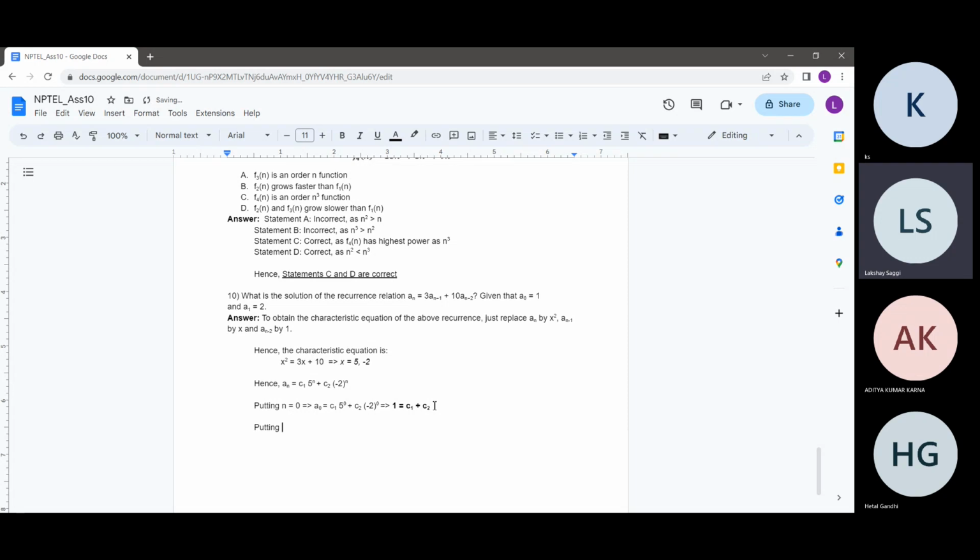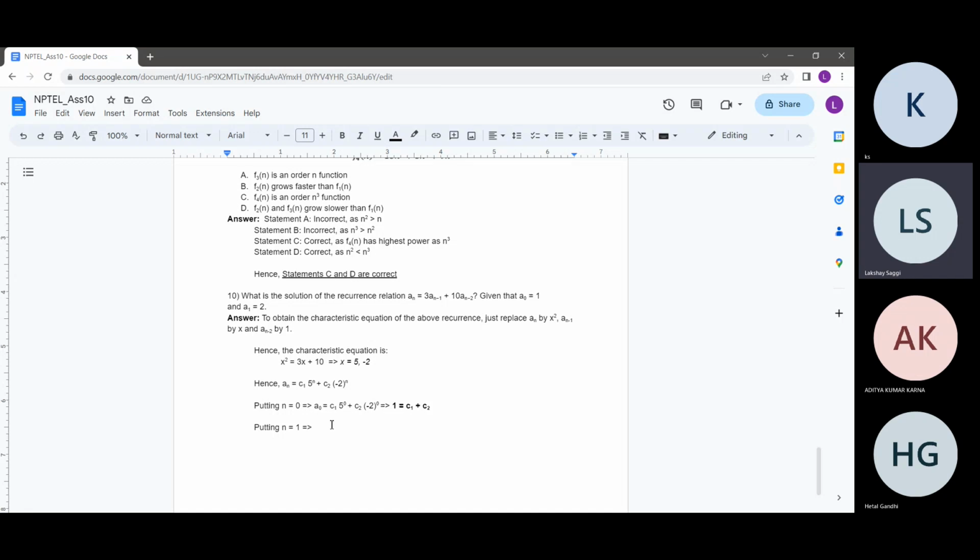And similarly, putting n equals 1. And why do we put n equals 1? Because we have been given the value of a_0 and we have been given a_1. Suppose we had been given a_2 instead, a_2 is 2. So I would instead put n equals 2 and find the value.